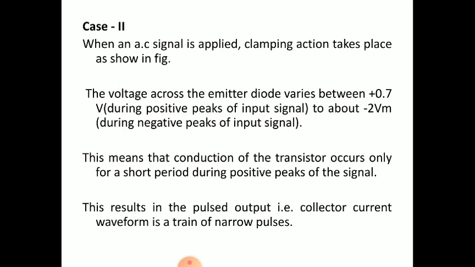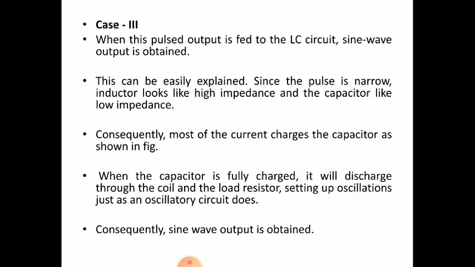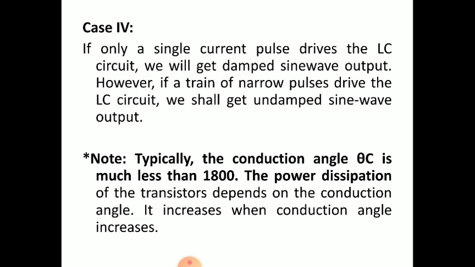The result is the pulsed output, that is, the collector current waveform is a train of narrow pulses. When this pulsed output is fed to the LC circuit, a sine wave output is obtained. This can be easily explained: since the pulse is narrow, the inductor looks like high impedance and the capacitor like low impedance. Consequently, most of the current charges the capacitor as shown in the figure.